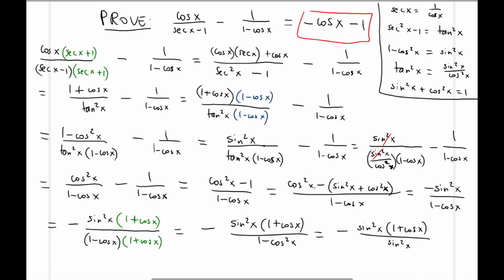Now the beautiful thing about it, sine squared cancels out, right? So that's going to be equal to no fraction anymore, right? The minus is in the front, not to forget, the minus in the parentheses, 1 plus cosine x. So now if you distribute the minus, you will arrive precisely at the negative 1 minus cosine x, which is absolutely the same as, by the commutative property of addition, minus cosine x minus 1.